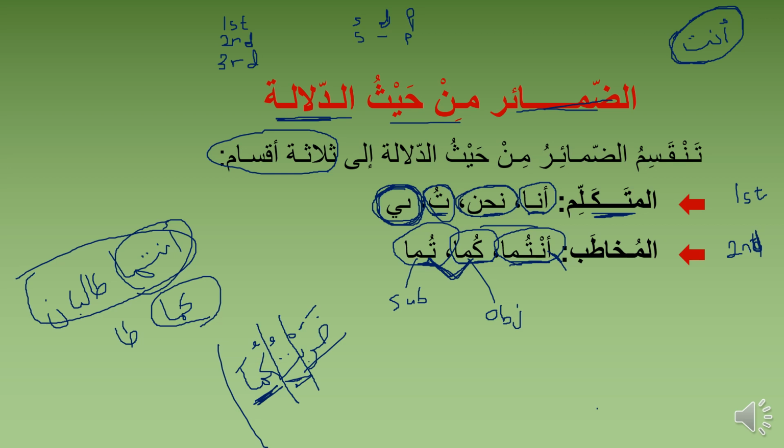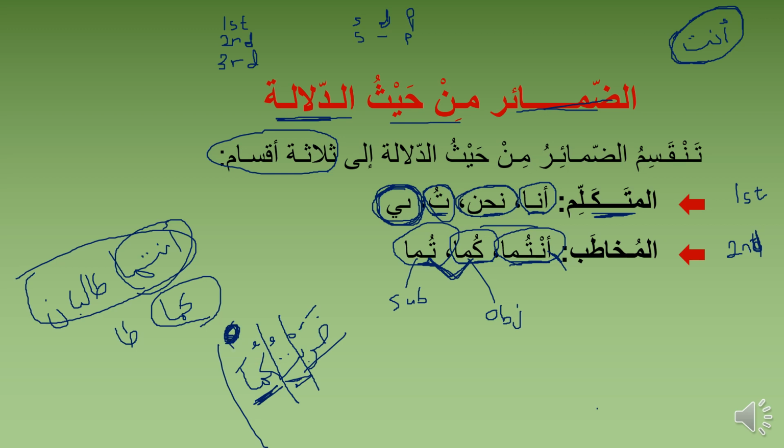You can see kuma here is the subject in the sentence. Dorabtu kuma, I beat. What did I beat? I beat the both of you. Sorry, kuma is the object rather.